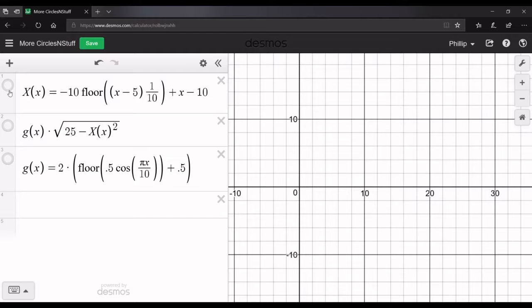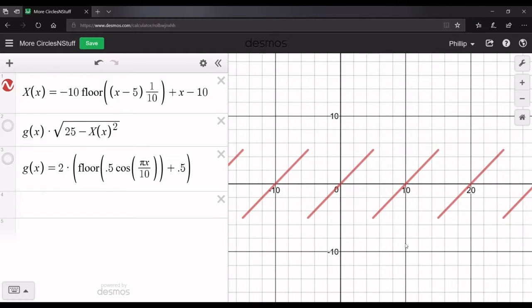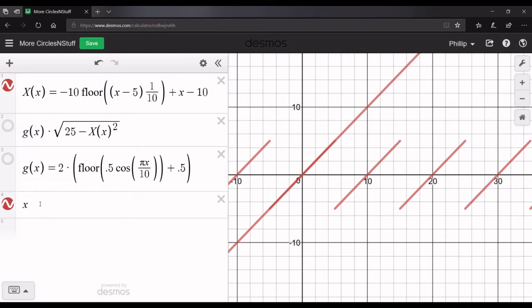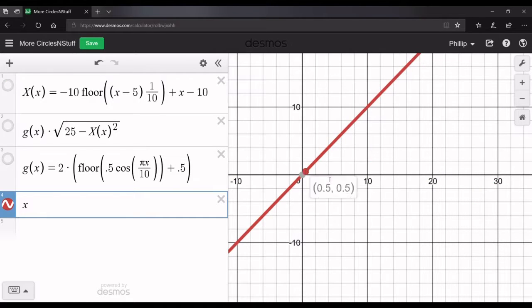So it all starts with this function. You see, I was thinking about how to make this section of the graph around x, right around here, repeat several times, because that's what I would need in order to get a repeating function for circles.